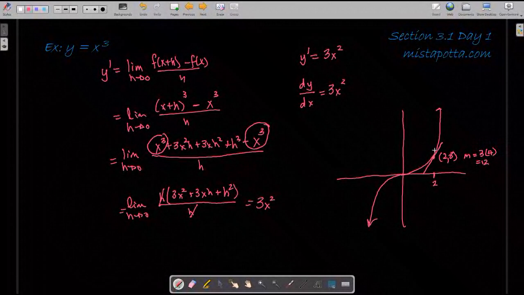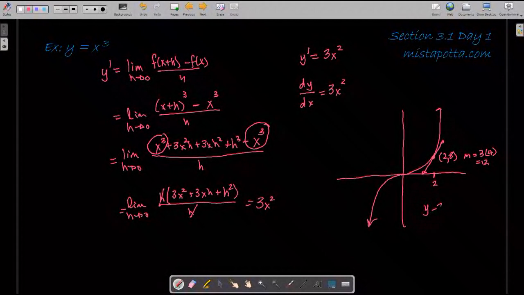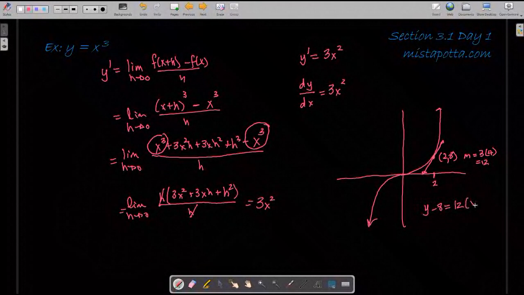And as a result, I can find the equation of this line by using the point slope form. Y minus 8 equals 12 times x minus 2.